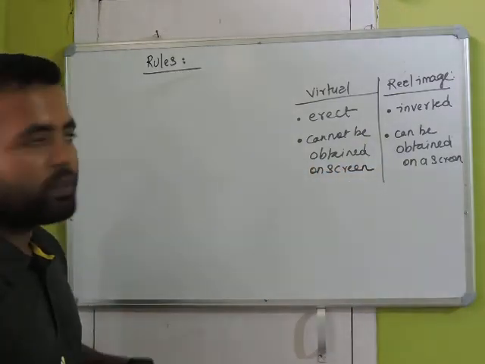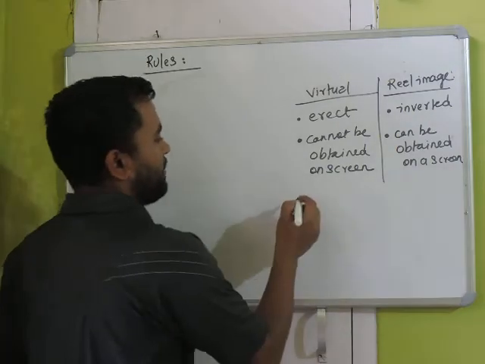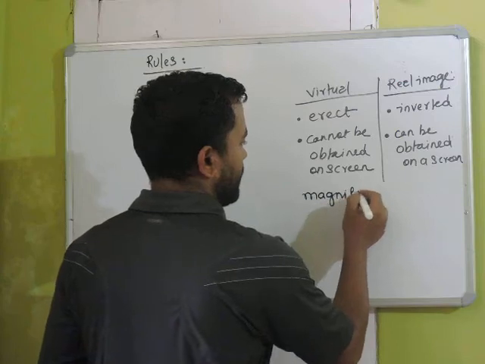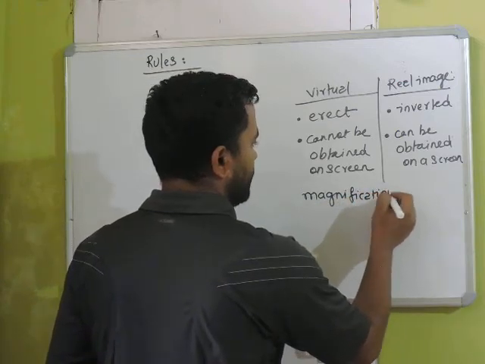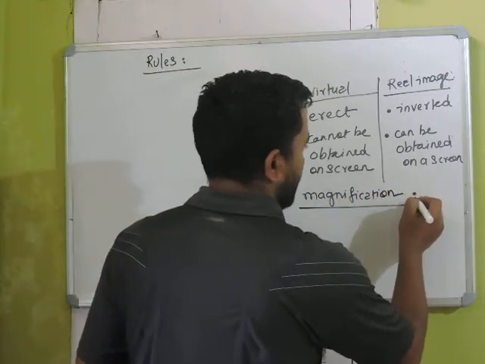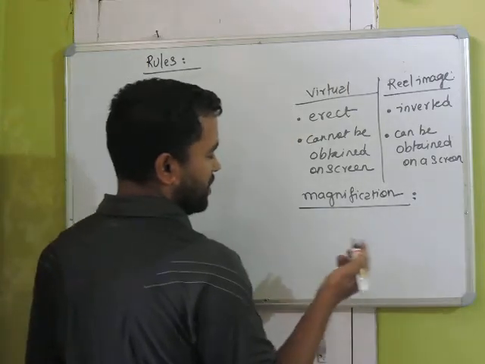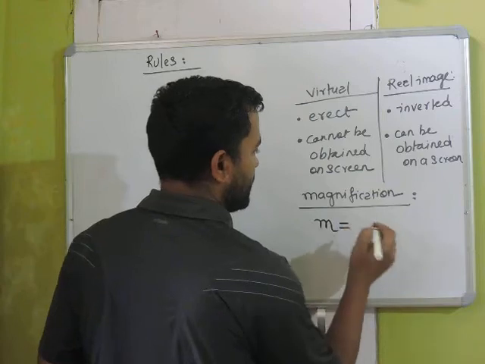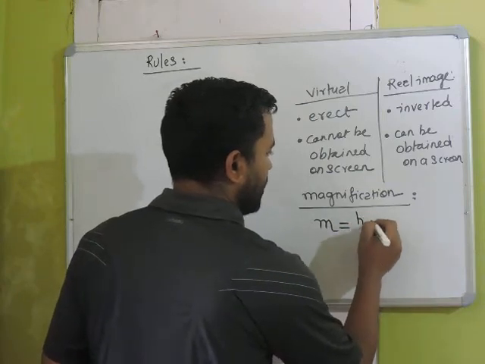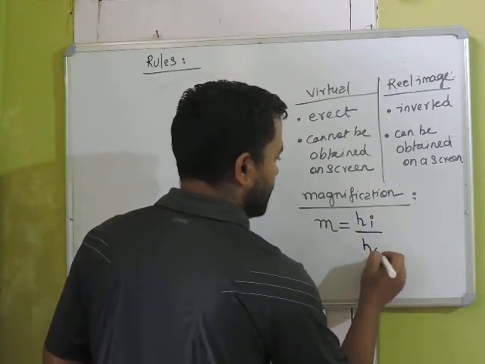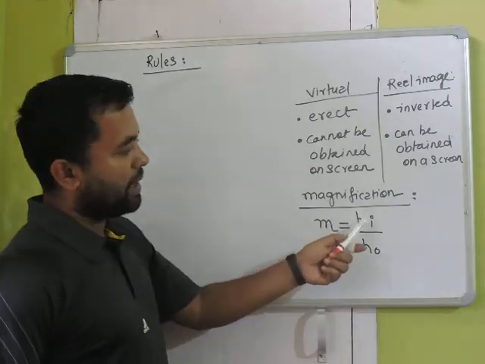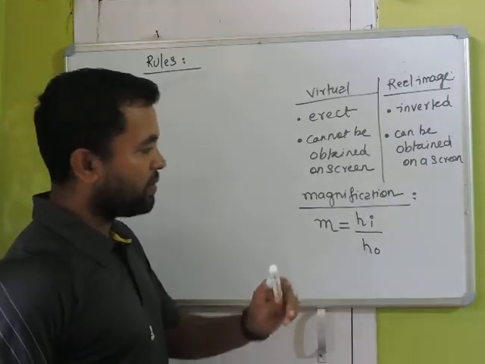Now coming to one more important concept, that is called magnification. Magnification in the case of lenses is defined as height of the image by height of the object. Here hi is the height of the image and ho is the height of the object.